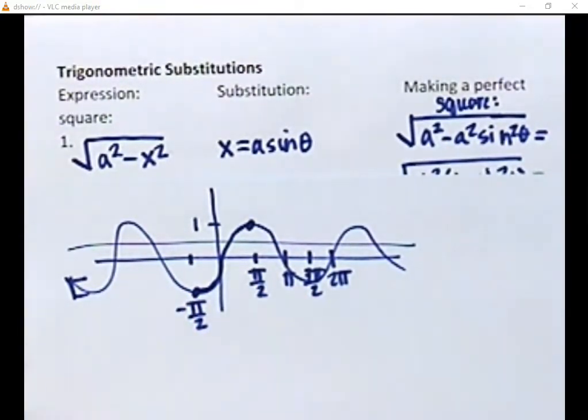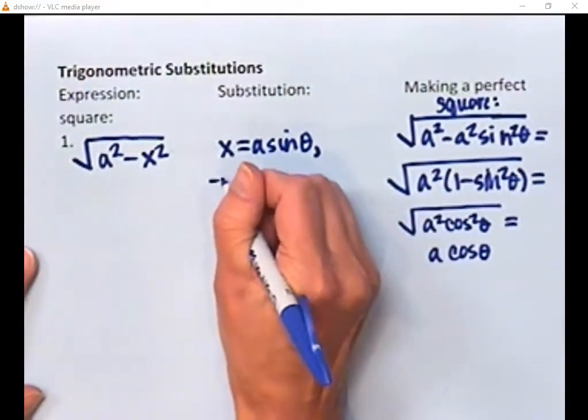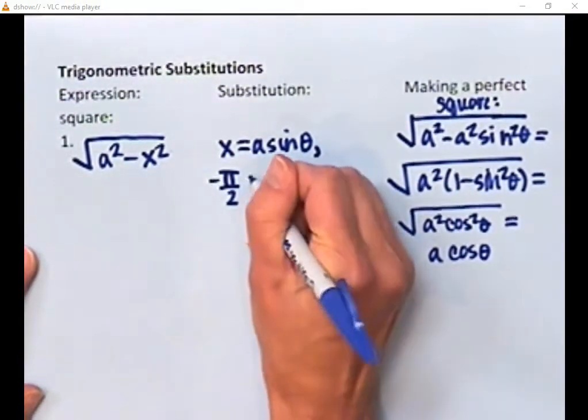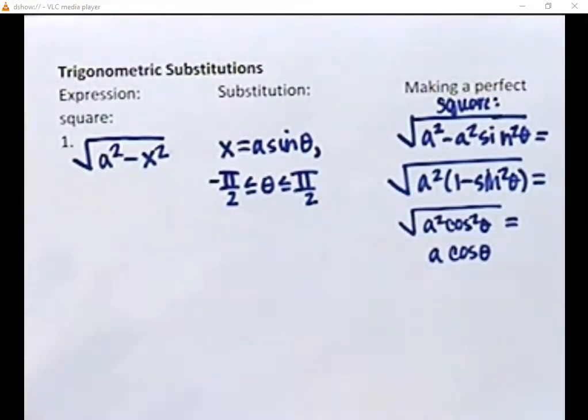And when you do the inverse, it will be a function as well. So I'm just going to make a note here that we're going to need to restrict theta to be between negative pi over 2 and pi over 2, just to ensure we have a function when we do the inverse. Okay, so our thetas will be restricted to that.